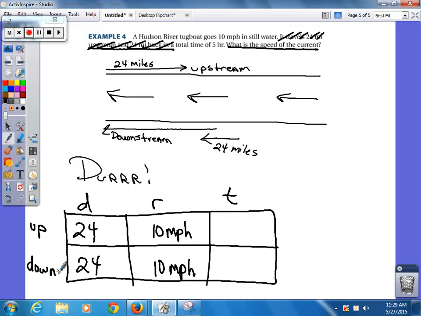If you're going downstream, it'll speed up faster. What's faster, minus or plus? Plus. So this will be 10 plus what? We'll call it C. And what would upstream be? 10 minus C.